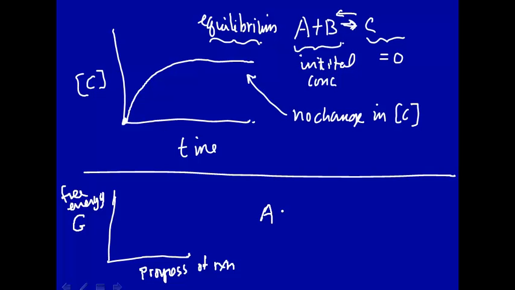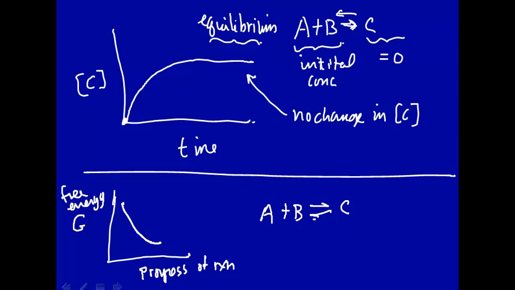So let's again use A plus B, and that will be in equilibrium with C. And suppose that you're not at equilibrium, you're over here. So suppose you have more reactants than you should have in products. So what you do, the reactants will go down and the products will go up, and pretty soon you'll go down here.